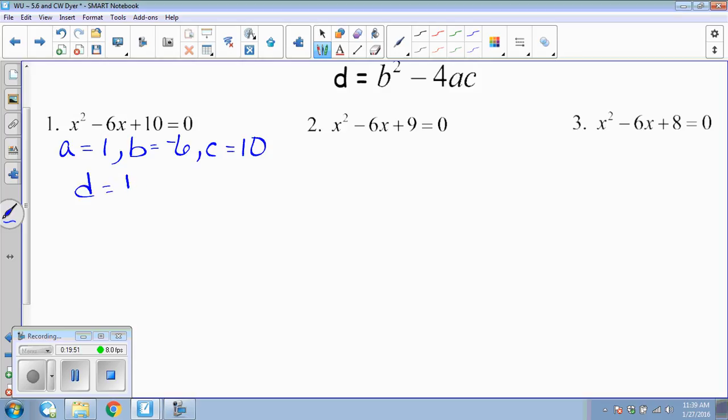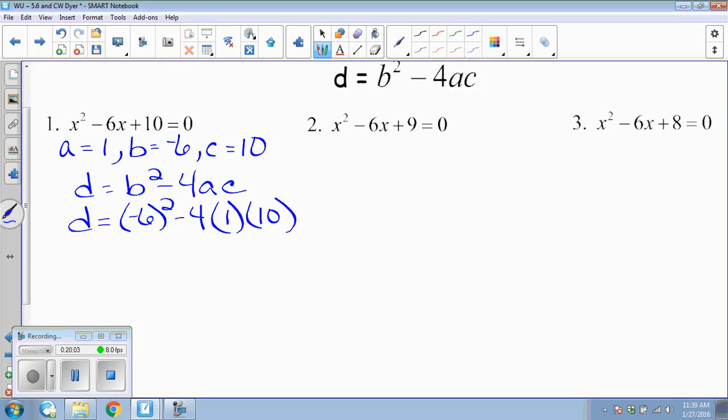D equals B squared minus 4AC. So the discriminant equals negative 6 squared minus 4 times 1 times 10. So the discriminant equals 36 minus 40. So the discriminant equals negative 4.